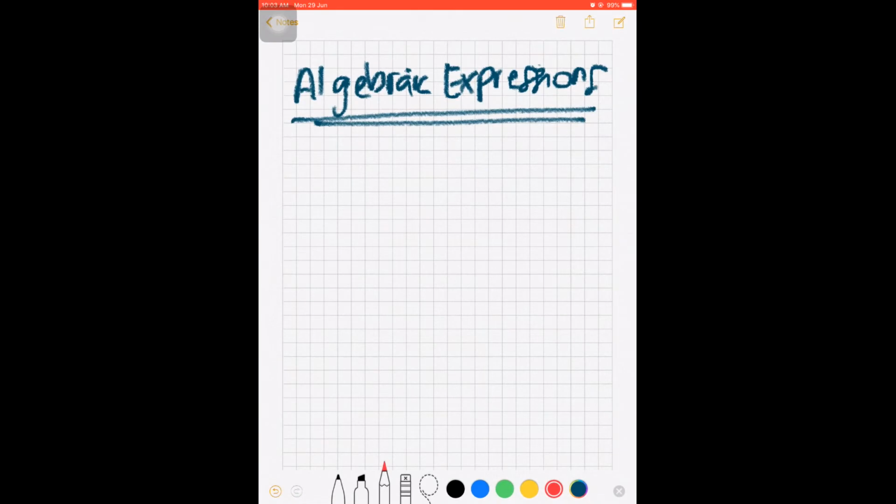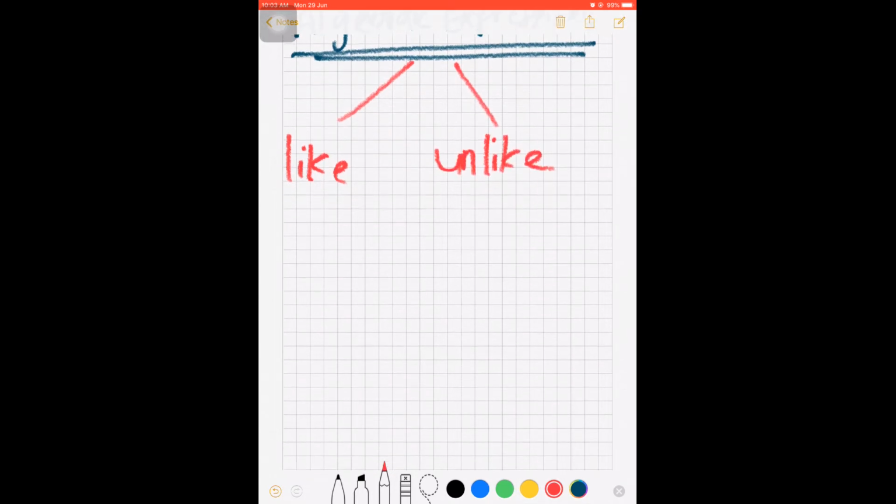Right. Okay, so today we'll be continuing about algebraic expressions. Kita akan sambung ungkapan algebra. The last thing I taught was like and unlike terms. Sebutan yang serupa dan bukan serupa.